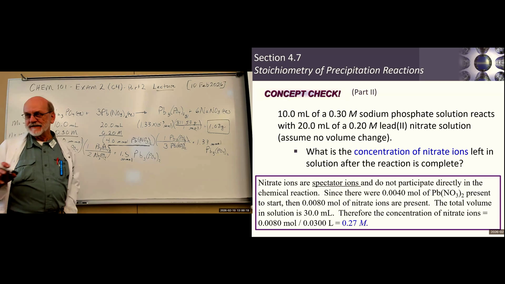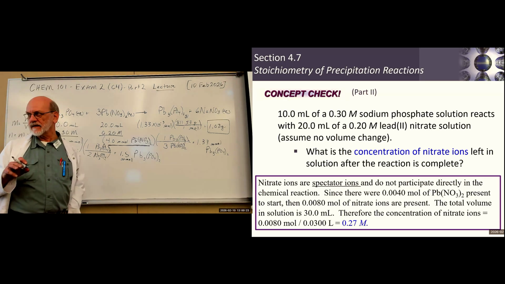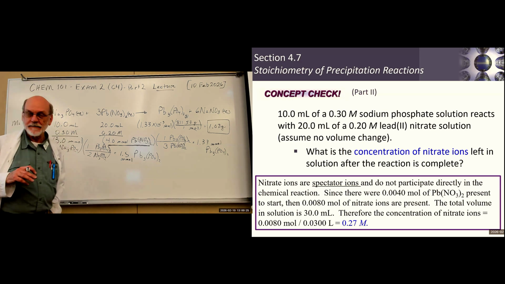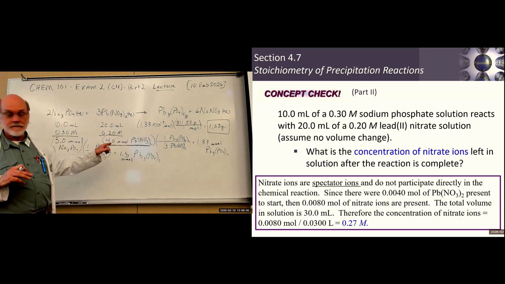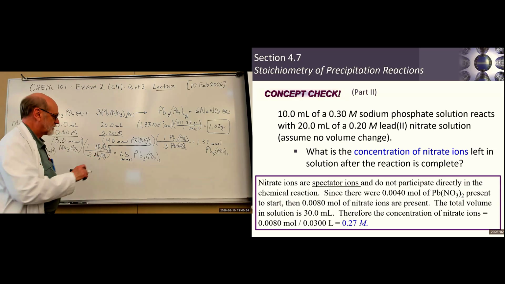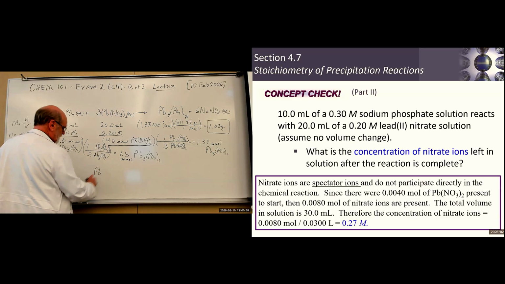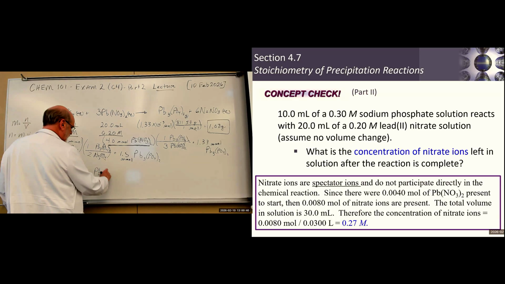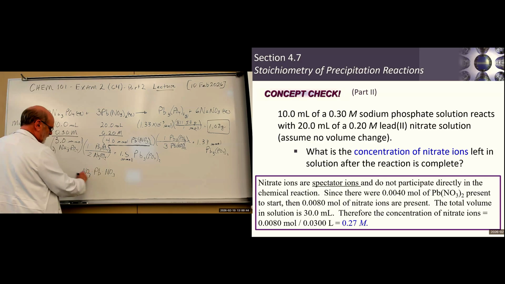Okay. I see questioning looks. At least I don't see head spinning. If the whole compound is 4 millimoles, why would the nitrate, even though there's 2 of the nitrates, why is it more than the total? Look at it this way. Say we write it this way. We got lead on that side, and we got a nitrate on this side in the compound, and we got a nitrate in this side on the compound.